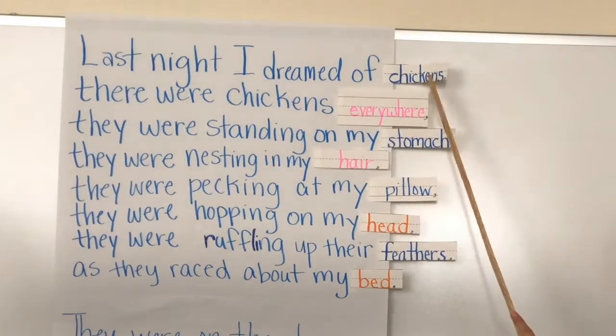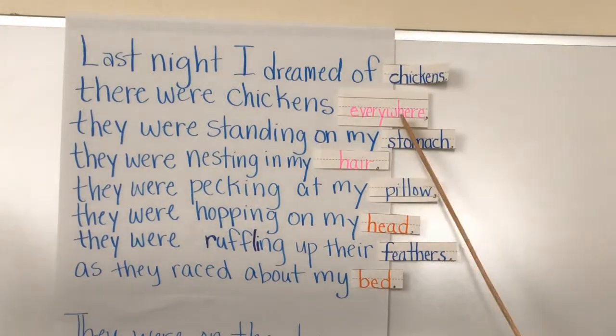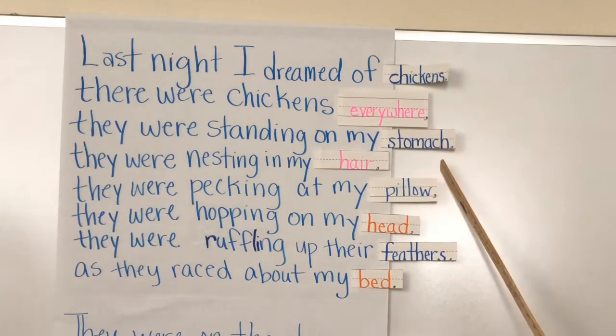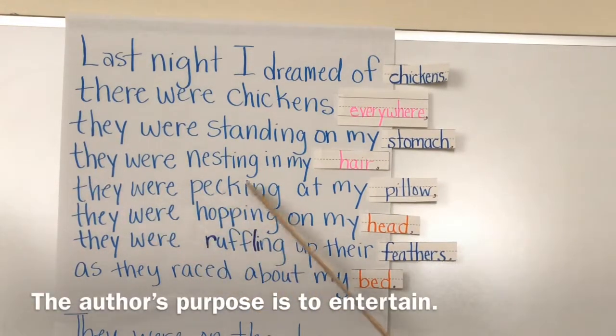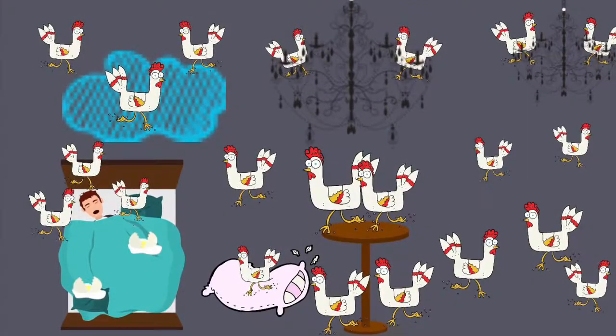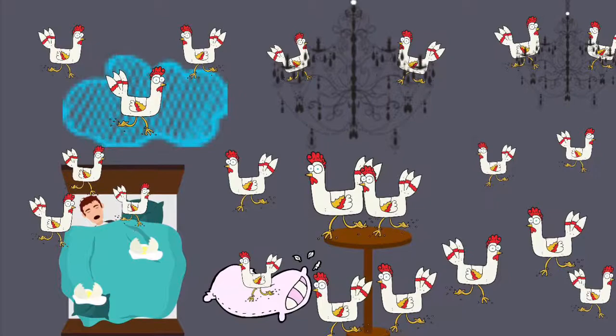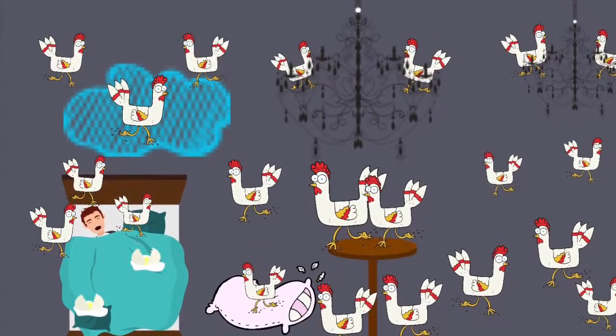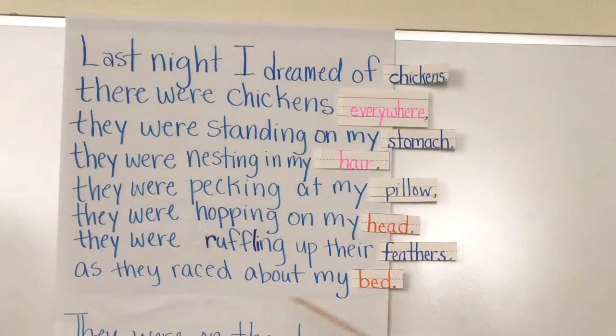Last night I dreamed of chickens. There were chickens everywhere. They were standing on my stomach. They were nesting in my hair. They were pecking at my pillow. They were hopping on my head. They were ruffling up their feathers as they raced about my bed.